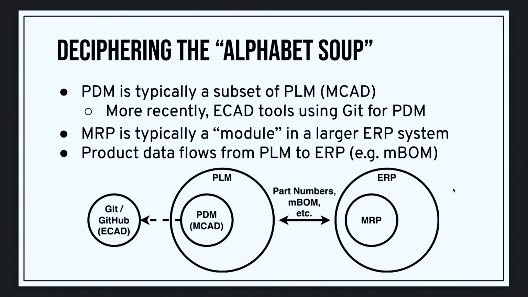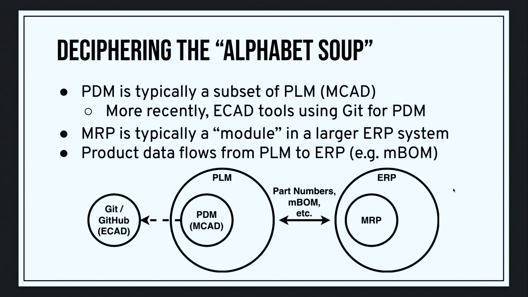If we look at how those things are related to each other, PDM is typically a subset of PLM. PLM grew out of PDM over time. And MRP is typically either a standalone module or a module inside of a larger ERP system.